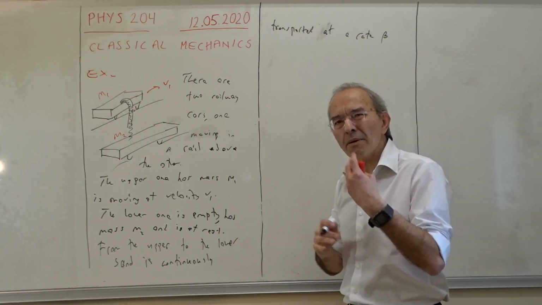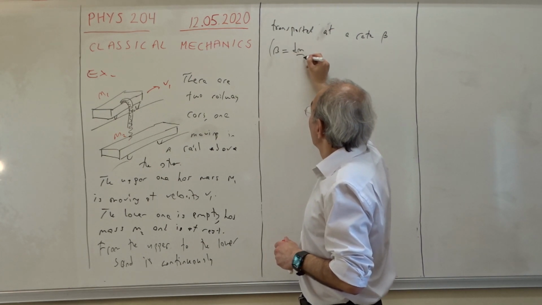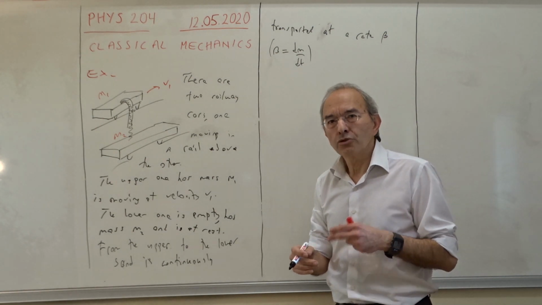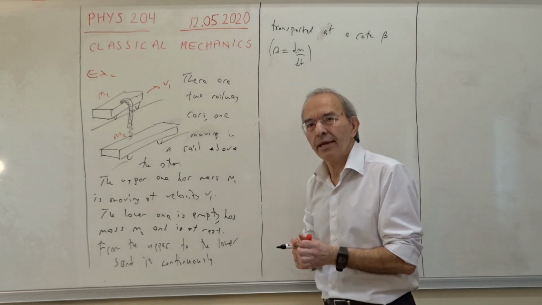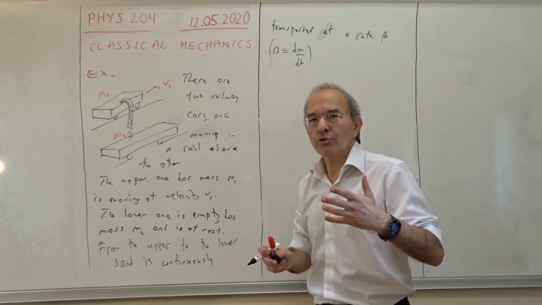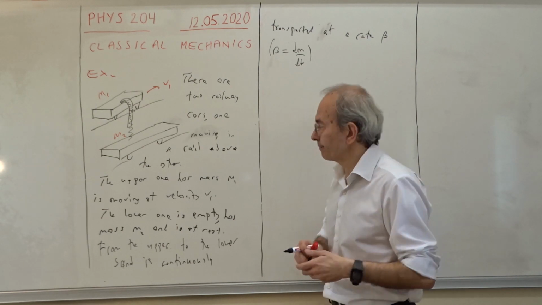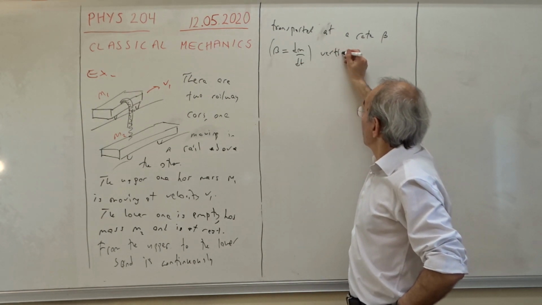Beta corresponds to dm by dt. So we understand that beta is the rate of falling mass. So beta is in units of kilograms per second. So in 1 second, let's say, 10 kilograms of sand are transported vertically, at the rate beta.